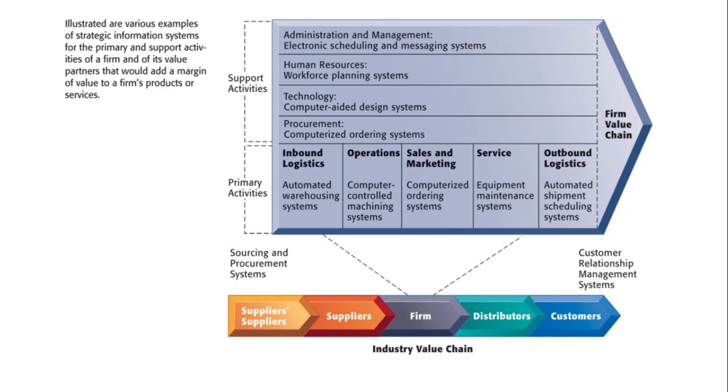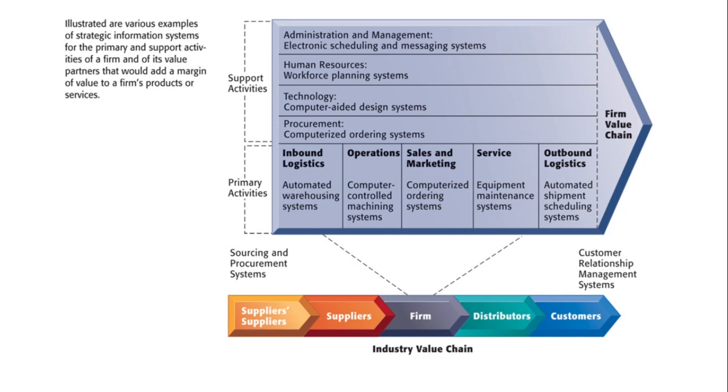When it comes to the firm's internal procedures, Michael Porter called them supportive activities and primary activities. First, inbound logistics: the purchasing team, for example, how they deal with suppliers and manage the inventory.